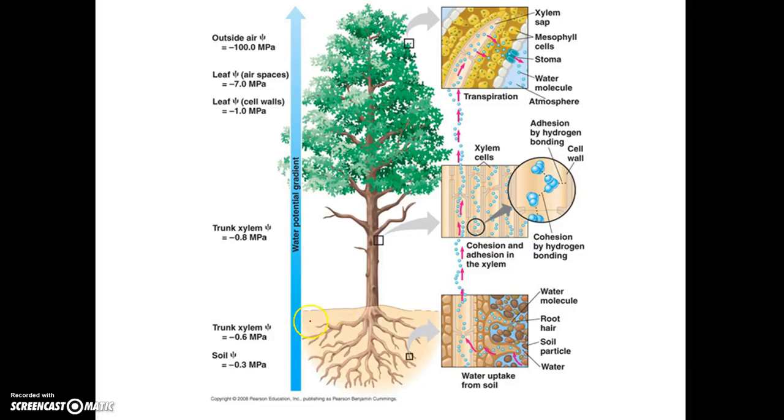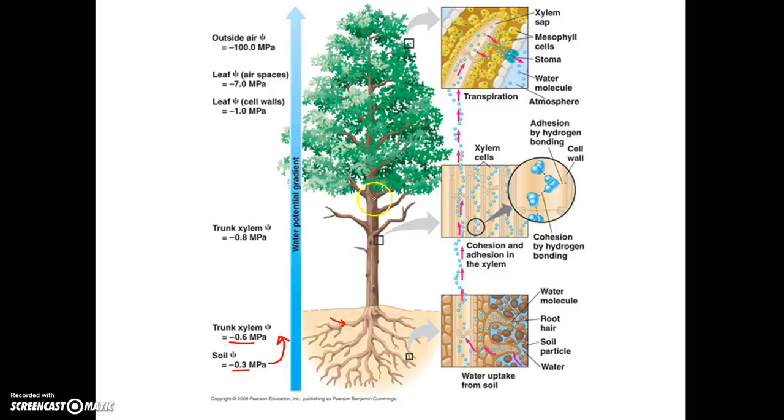So part of the reason water enters a plant is just pure osmosis. There's just going to be solutes in the root. So you can see in the root, well, they're calling it the lower trunk here, but basically it's the roots, negative 0.6, whereas the soil is negative 0.3. So from high water potential to low here, water is going to enter.